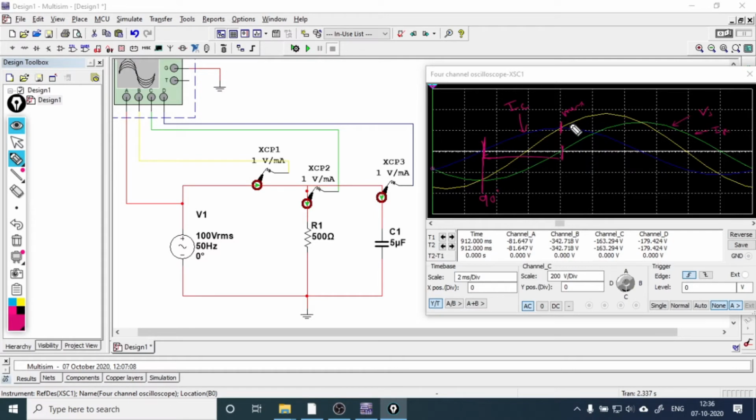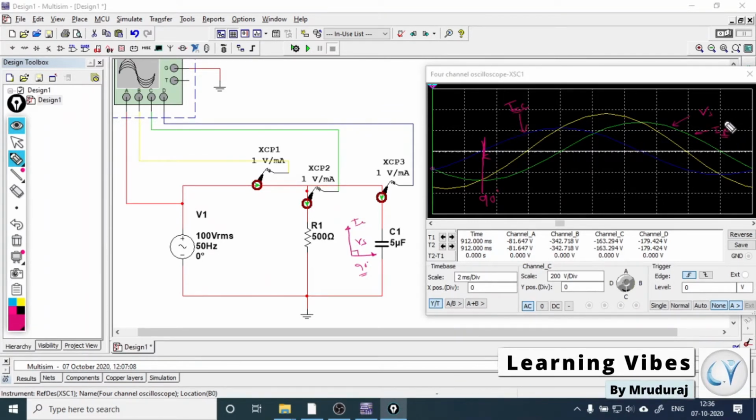So by observing this waveform, it is very clear to us that in a capacitor the phase difference between the supply voltage and capacitive current is 90 degrees, and the current leads voltage by this angle, 90 degrees. So this blue current is for a pure capacitive circuit, this green current is for a pure resistive circuit.